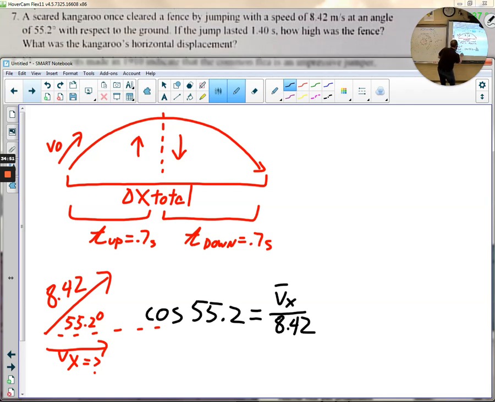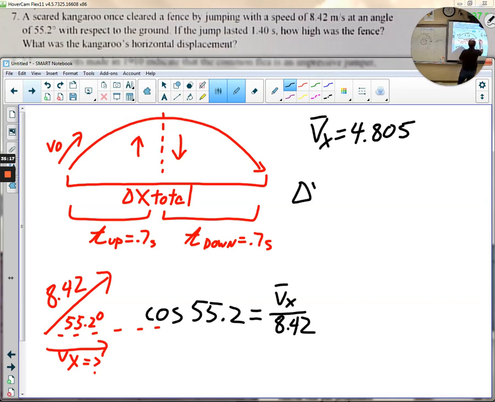Okay, so we know that vx equals 4.805. Now we need to know horizontal displacement. We know the whole jump lasts 1.4 seconds. This is going to be a lot easier than I thought. So how do we find the total delta x here?